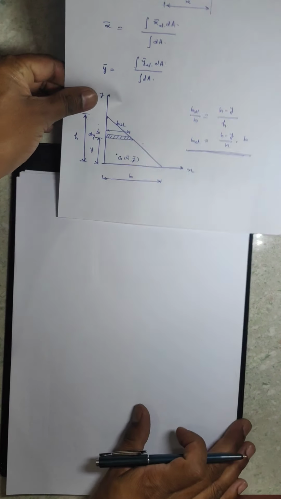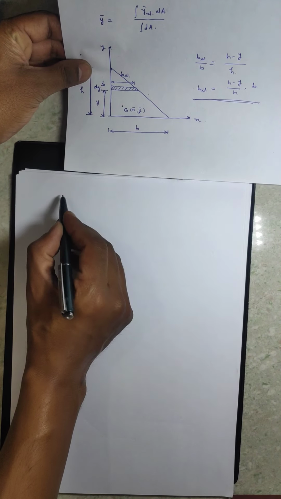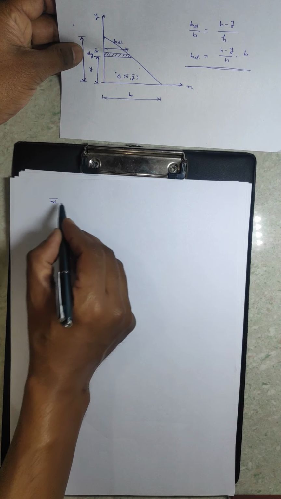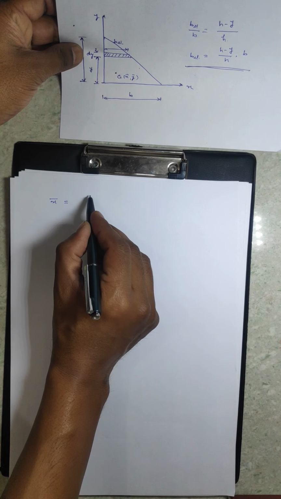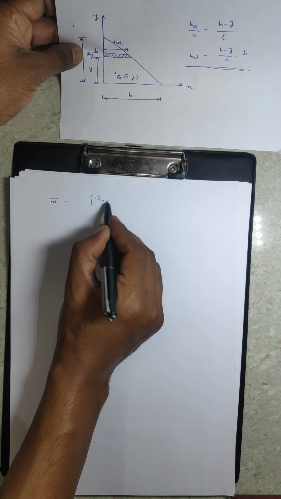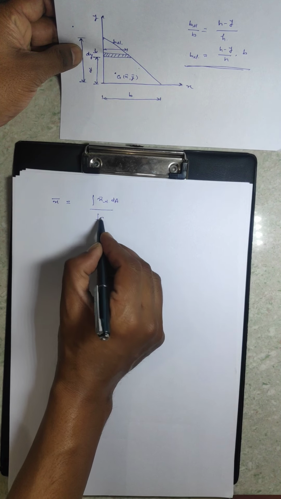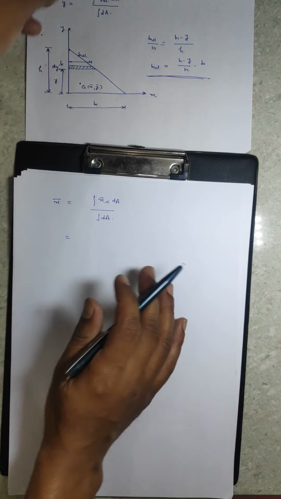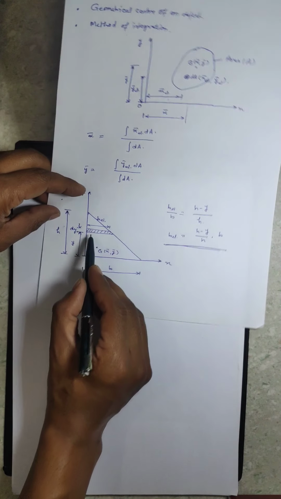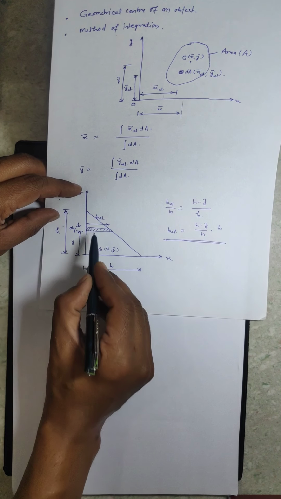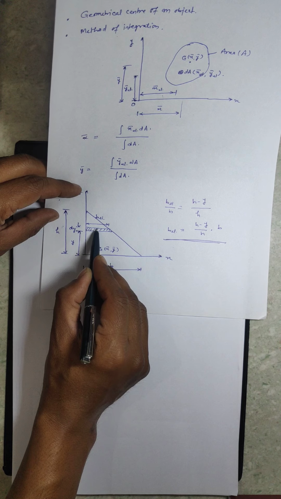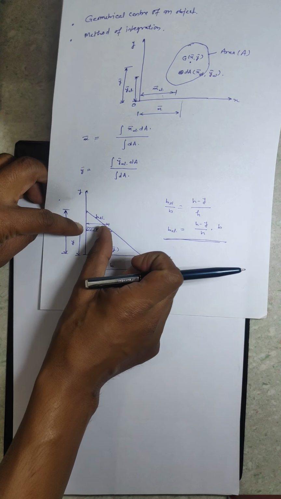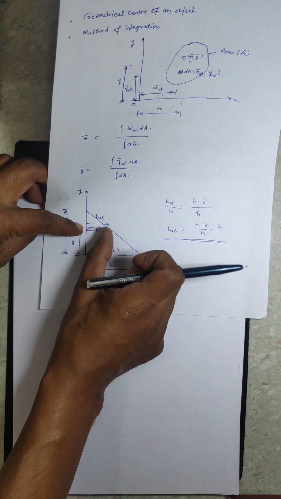Now come to finding x bar as integration of x bar elemental dA upon integration of dA. For this elementary strip, its centroid will be at its center, and x bar elemental will be b elemental divided by 2, the midpoint of the strip.